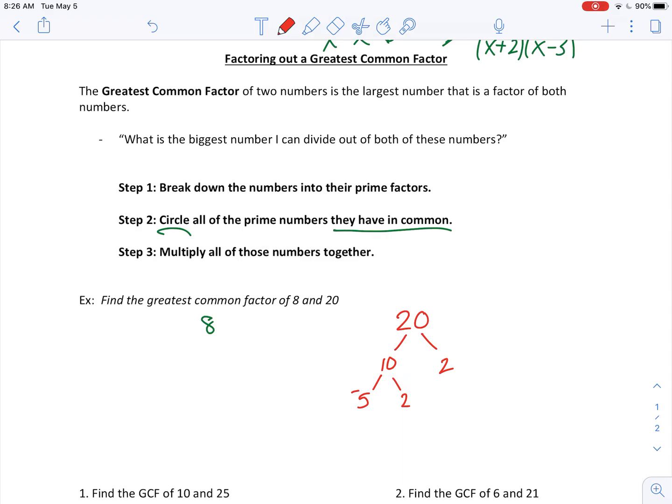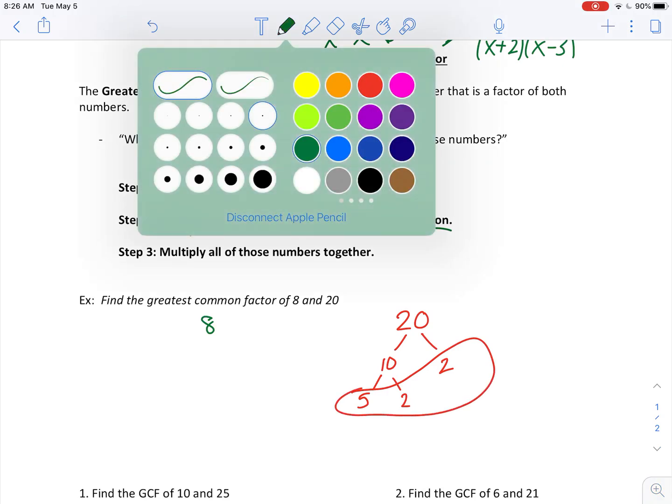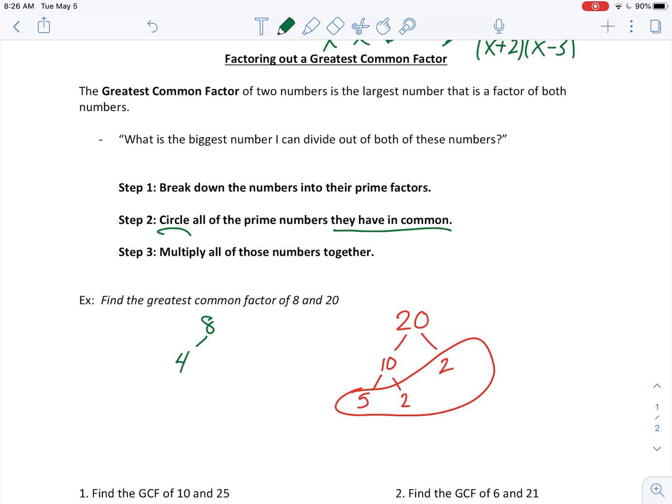And for 8, 1 and 8, 4 and 2, and then I'll break this 4 down into 2 times 2. So these are the numbers I'm going to work with from 8.